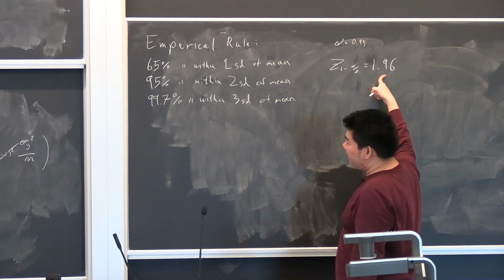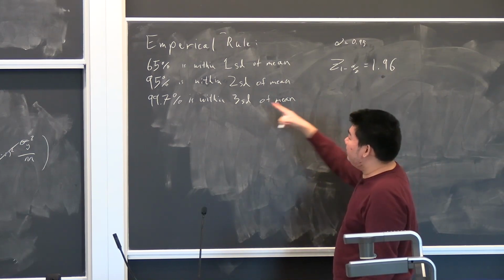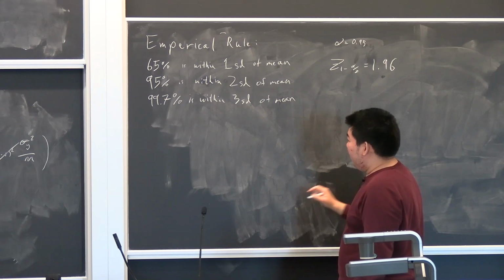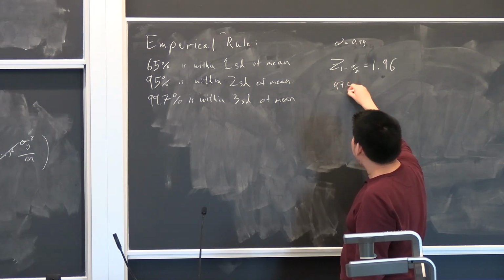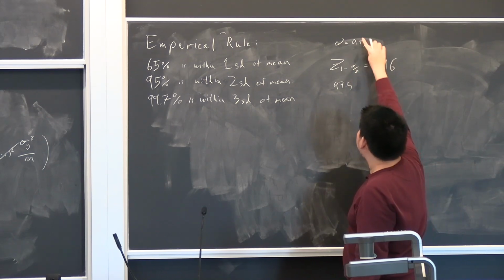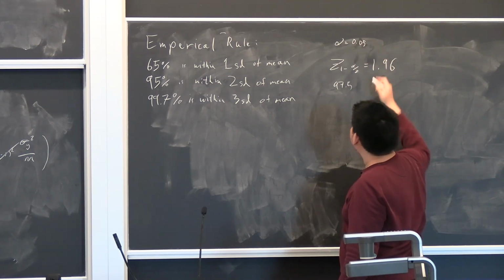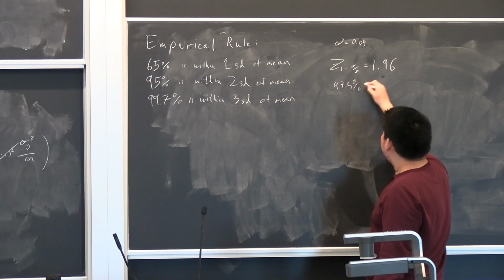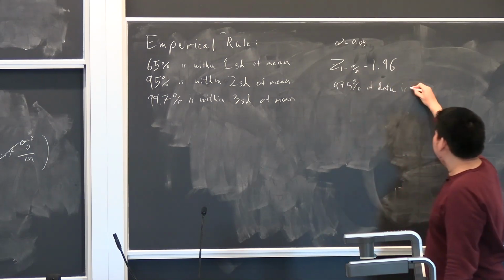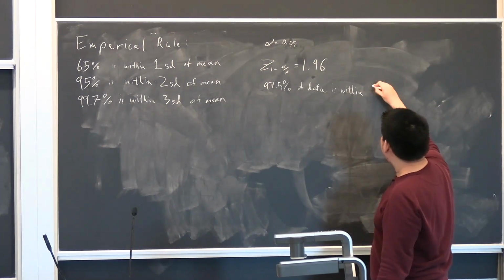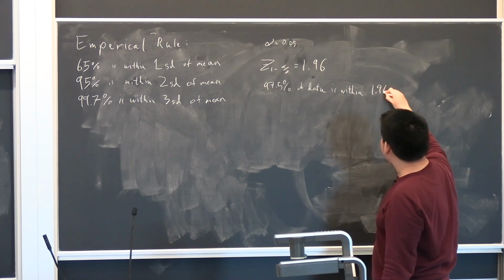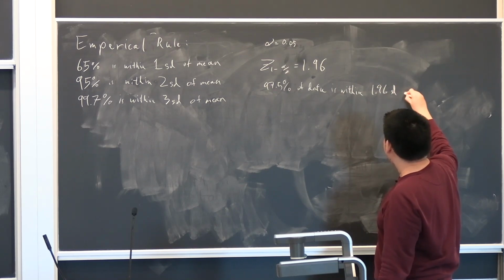That 1.96 looks awfully close to the 2 here. And in fact, this is just stating that 97.5%, because we're doing the alpha over 2, of our data is within 1.96 standard deviations of our mean.